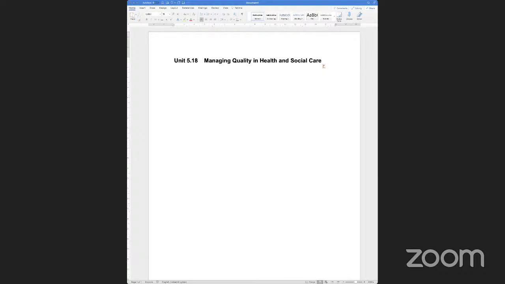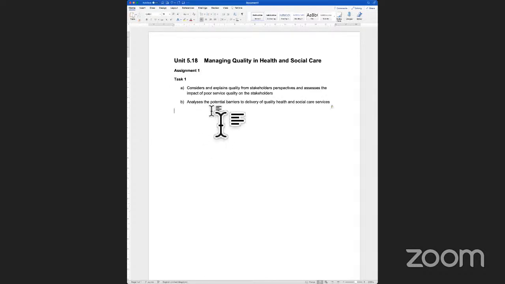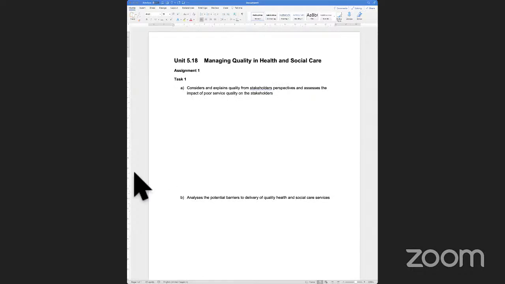So essentially, when I look at this, I'm just going to format assignment 1, and we're looking at task 1. And within that, there are 2 or 3 tasks that I need to accomplish. So what I'm going to do is probably put those tasks here, and then obviously space out some of these as we go along in terms of completing and putting the evidence in.